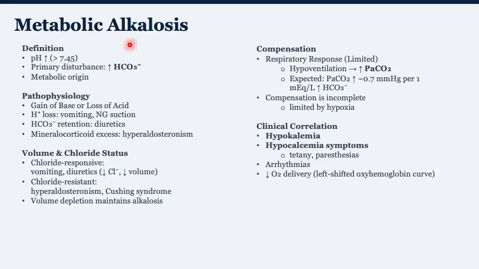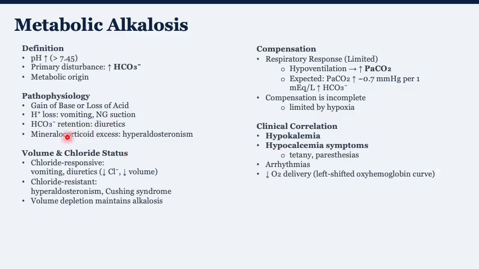Next, we're going to discuss metabolic alkalosis. By definition, the pH is greater than 7.45. There's an increase in bicarbonate. This is strictly metabolic in origin. For the pathophysiology, it's usually due to some GI loss from vomiting, or if your patient has an NG tube, a prolonged NG tube.